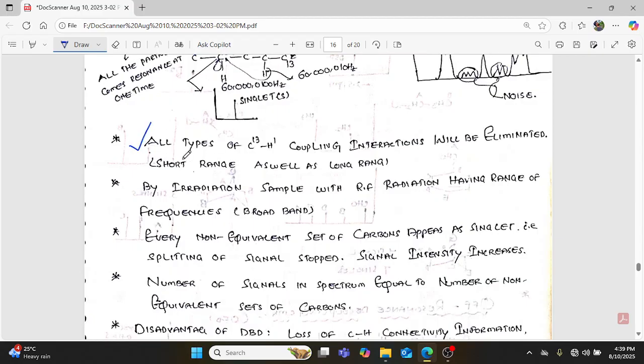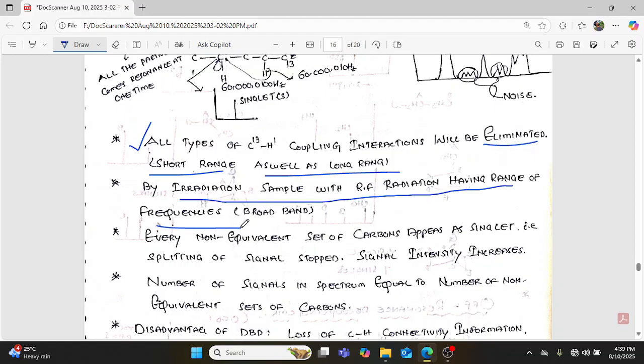See this. All types of C13-H coupling interactions will be eliminated, all short range as well as long range. For that purpose, what should we do? We irradiate the sample with radio frequency radiation having a range of frequencies, a broadband range. Suppose we have 5 types of couplings.